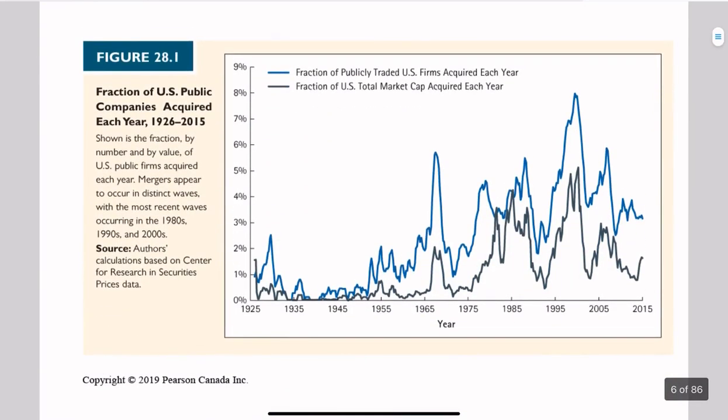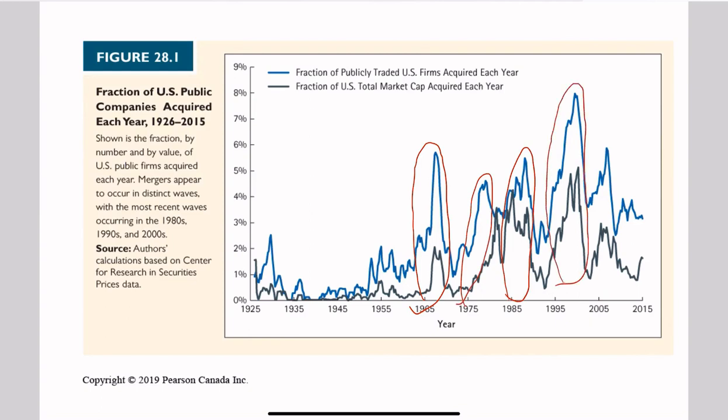If you look at this picture, you can see some peaks: this is the 1960s, this is the 1980s, this is the 70s, and this is around the dot-com bubble. These waves are pretty volatile. In the peak, it's quite high, and then it quickly fell to the trough, and the trough is actually quite deep.